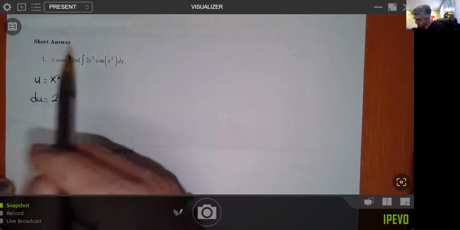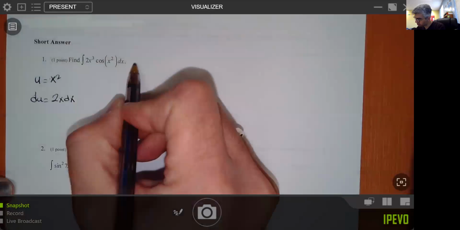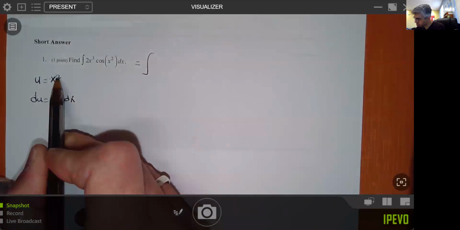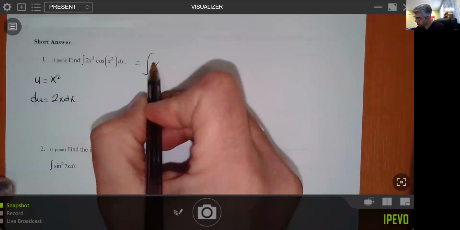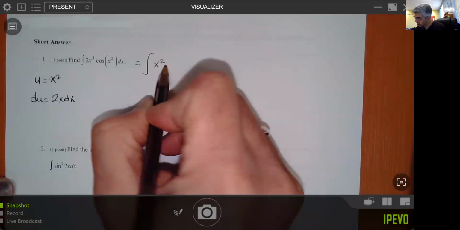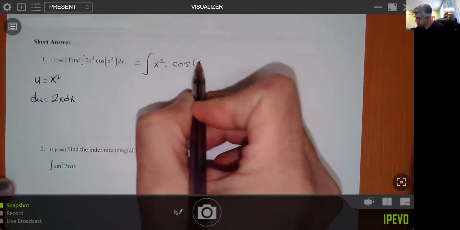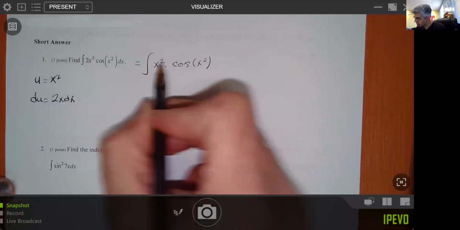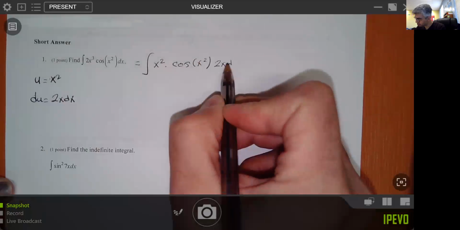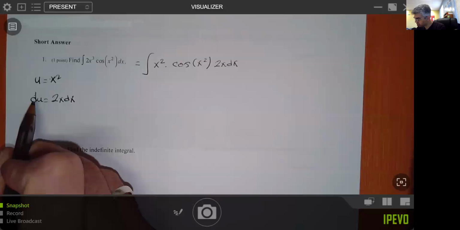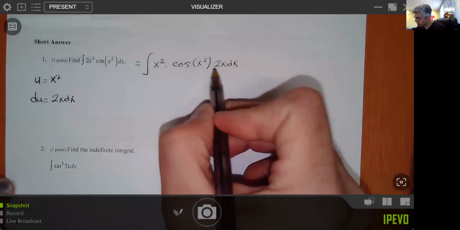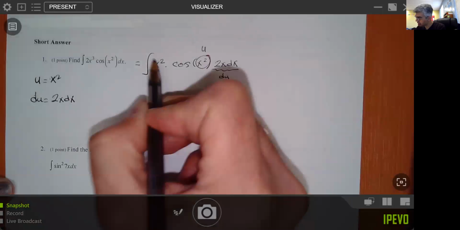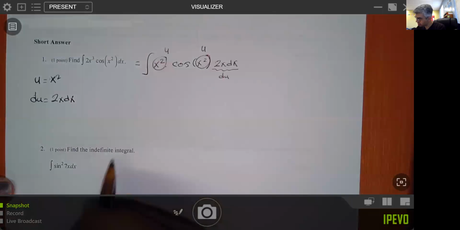So how can we substitute it here? Here I have 2x cubed. I know x squared is u, so that x squared will be here. And then cosine of x squared, and then from 2x cubed, 2x dx is left. Now substitution: I know that 2x dx is du, and x squared is u.